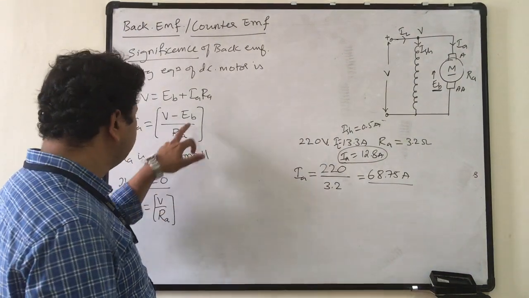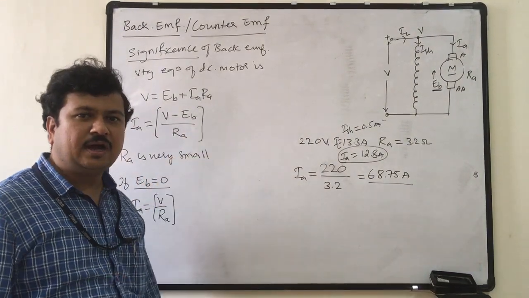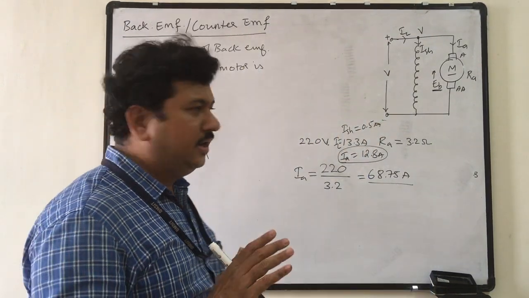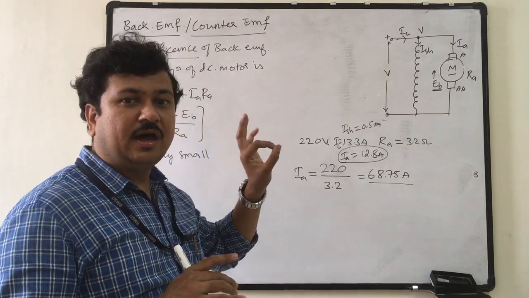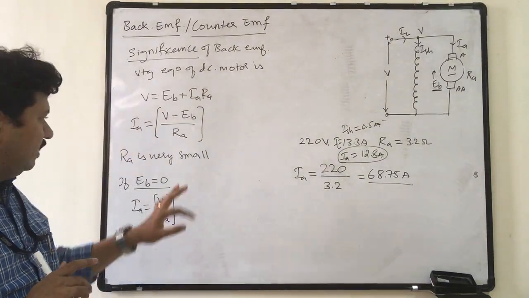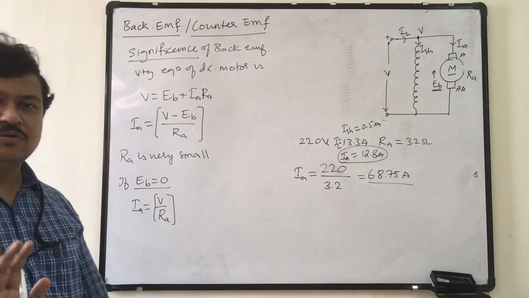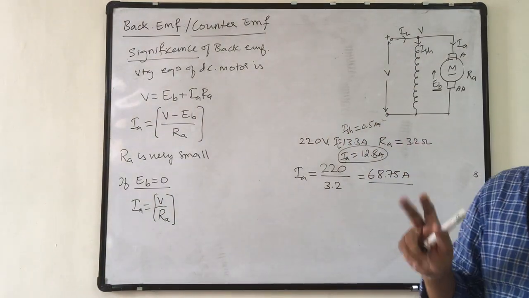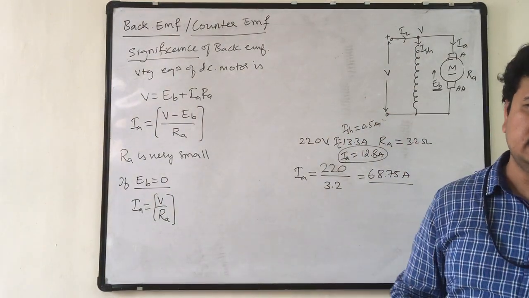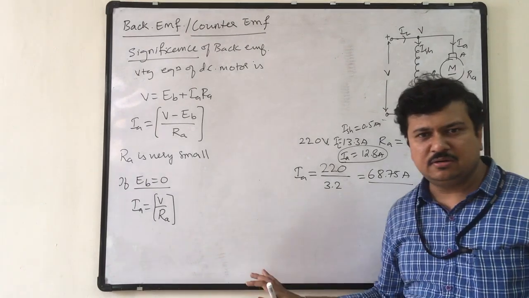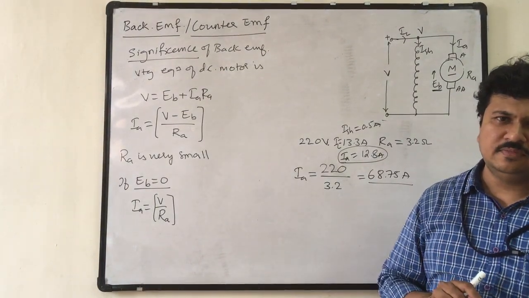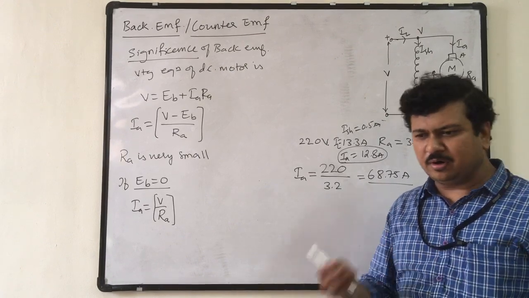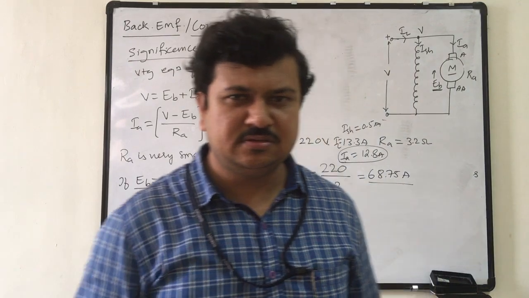So what back EMF is doing in the armature is automatically regulating the armature current. Now I cannot make back EMF 0, because if back EMF has to be made 0, then the motor should not rotate. If the motor does not rotate, what is the function of the motor then? I need the motor because I have to rotate and operate some load. If I am not operating a load, then what is the use of that device?